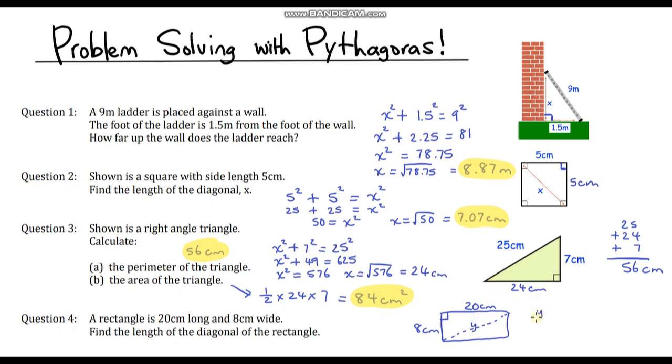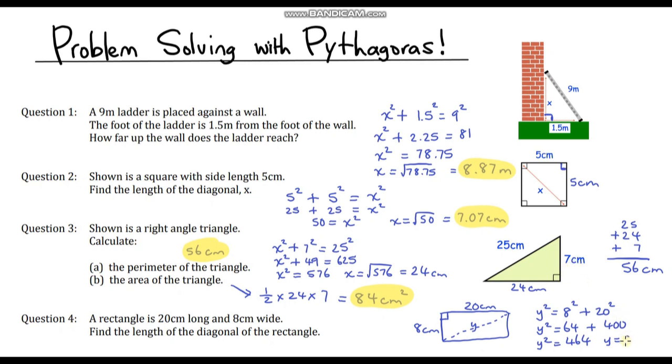So we know that y squared is going to be equal to 8 squared plus 20 squared. So 8 squared is 64, 20 squared is 400, so therefore y squared is going to be equal to 464.